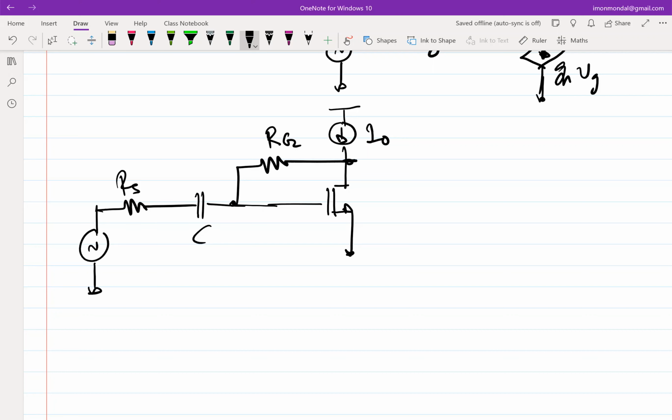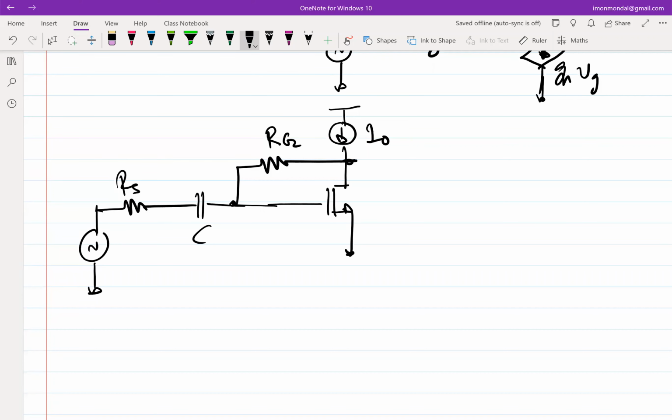So what issue might there be using a resistance, not in this particular case, but anywhere instead of an inductor? It might be that it takes up some DC current and you have a large drop across the resistor itself, right?